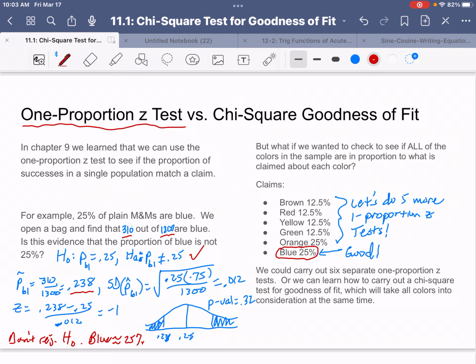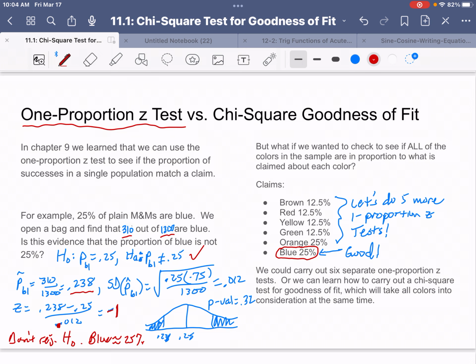The standard deviation of p hat blue turned out to be the square root of 0.25 times 0.75 divided by 1300, which is 0.012. So I took 0.238 minus 0.25, divided by 0.012, to get a z-score of exactly -1.